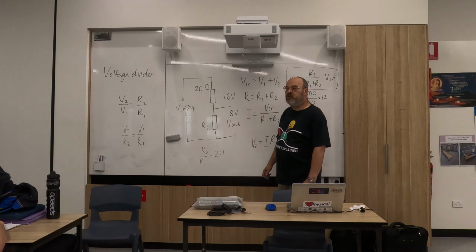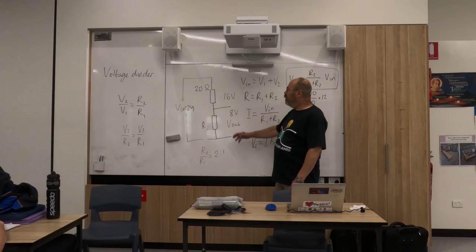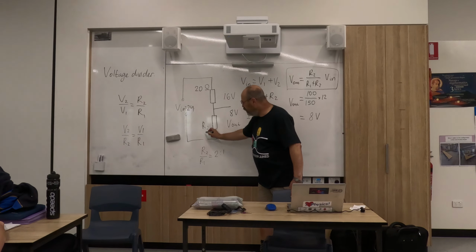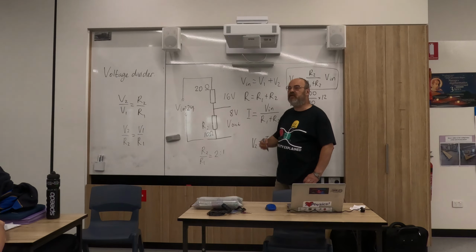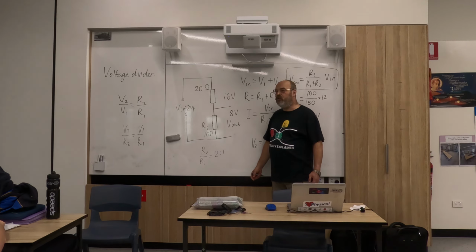So what should be the ratio of the resistors? 2 to 1. Dividing 24, so 2 to 1. So this is 2, this is 1. So what are the resistances? 10. So you see, if you're using ratios, you can just look at the numbers and give answers. Is it always going to be a ratio of 2 to 1? No, not always 2 to 1.